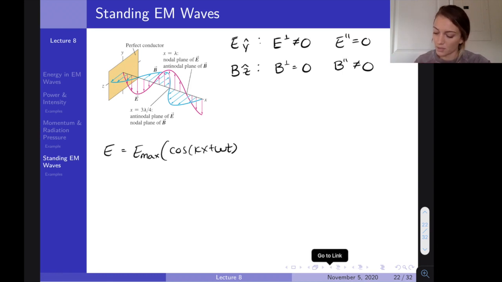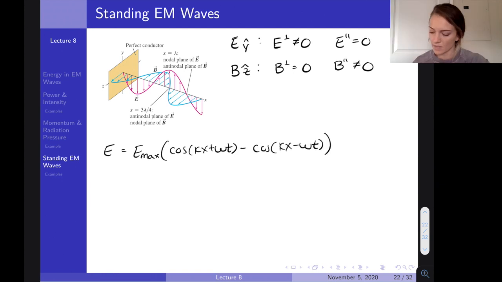So we have plus omega t here, and then we have that inverted wave going in the positive x direction, so we have minus cosine kx minus omega t. And let's say this is oriented in the j hat direction, like we said before.